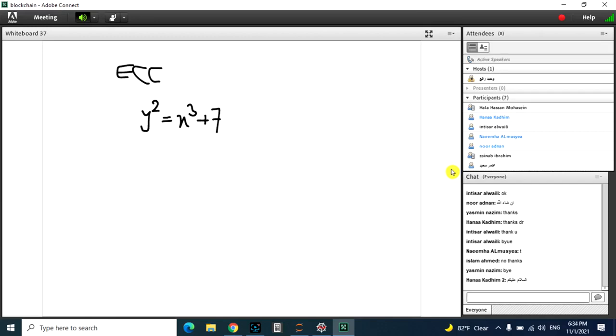The curve is something like this. Suppose that this is the x-axis.